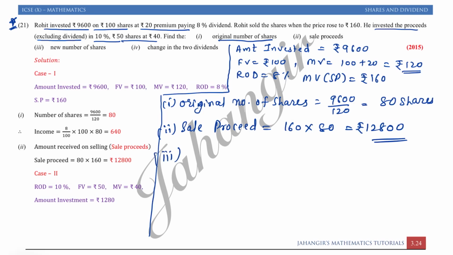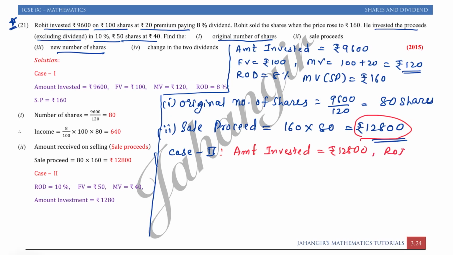Third part, we want the new number of shares. So first we write all the info. Case 2: amount invested is equal to rupees 12,800, because after selling the shares he is investing this amount in another kind of shares whose ROD is 10%, face value is rupees 50 and market value is rupees 40.